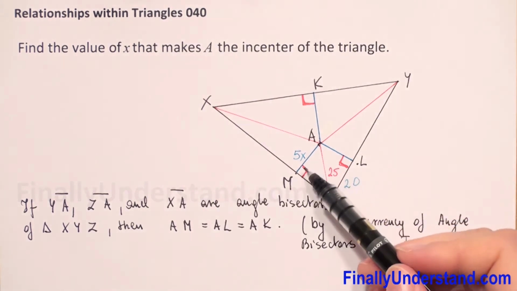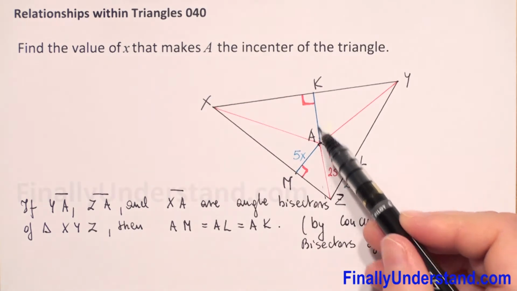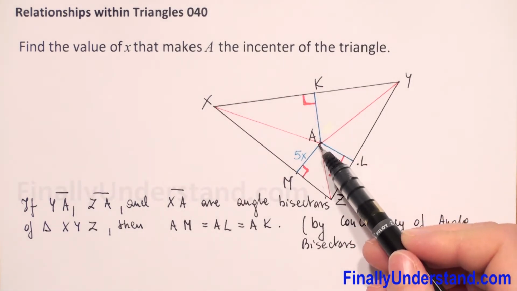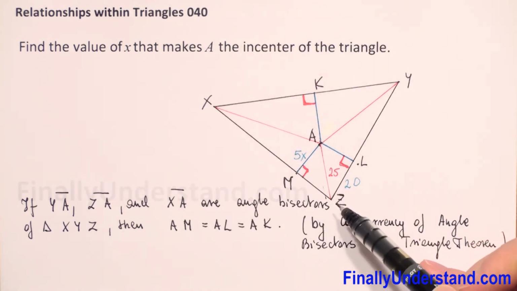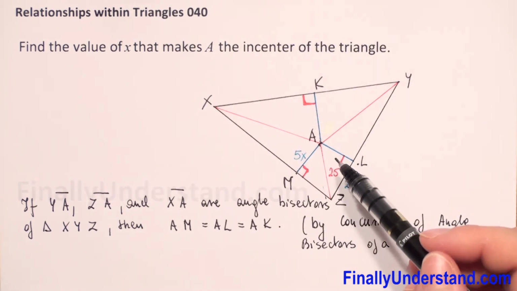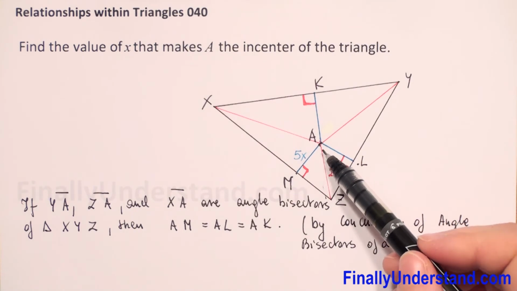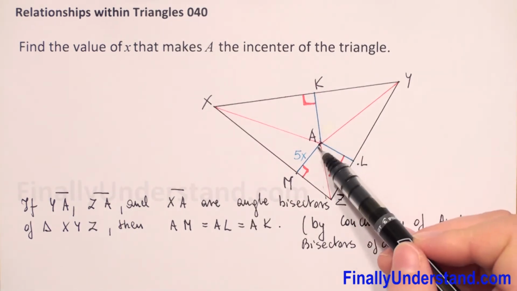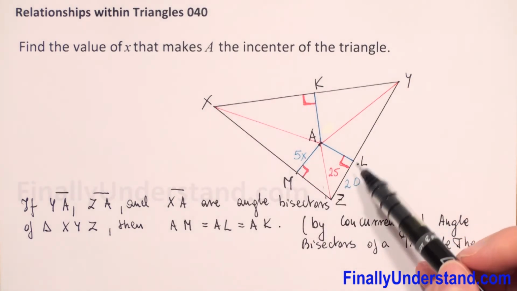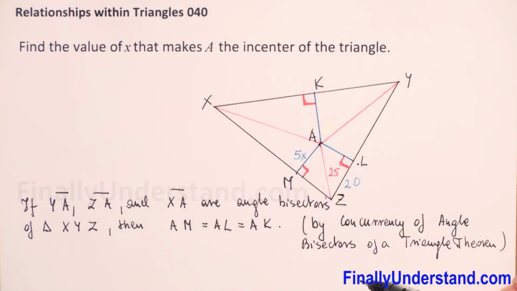So we have that these three segments are equal. So the incenter A of triangle XYZ is equidistant from the sides of triangle XYZ.